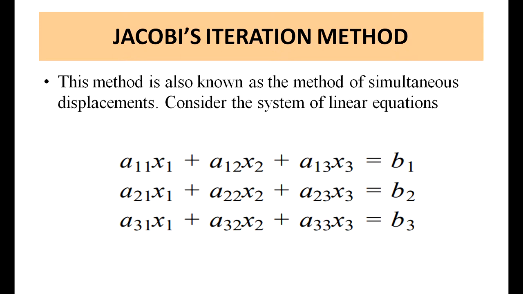Third equation as a31x1 plus a32x2 plus a33x3 is equal to b3. Suppose these are the three simultaneous equations of which x1, x2 and x3 values we are supposed to calculate.